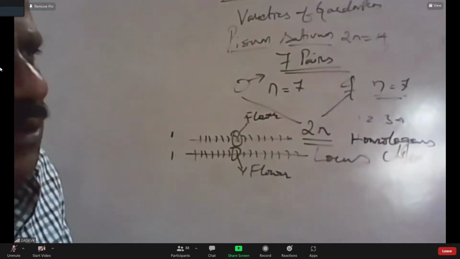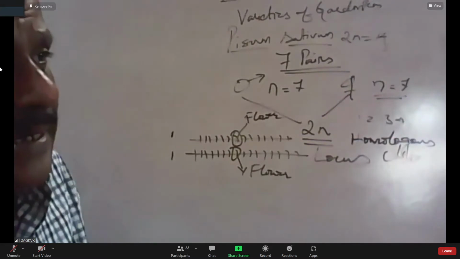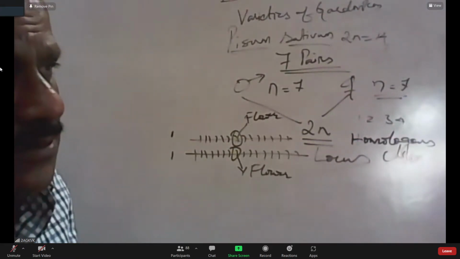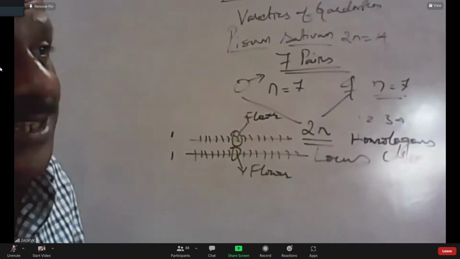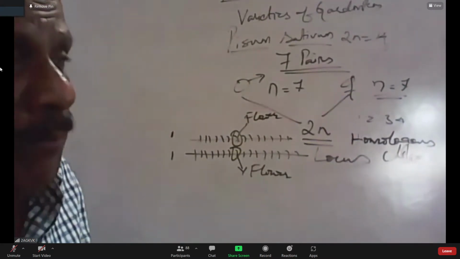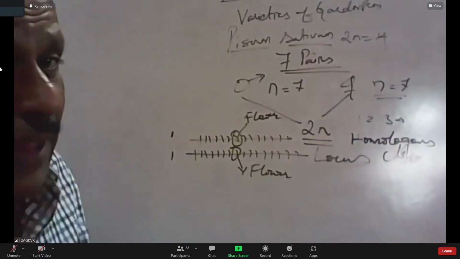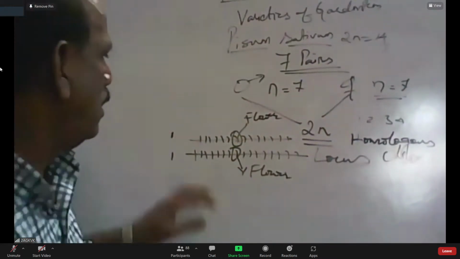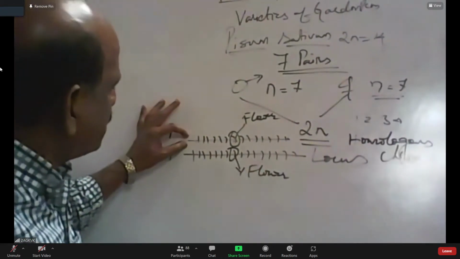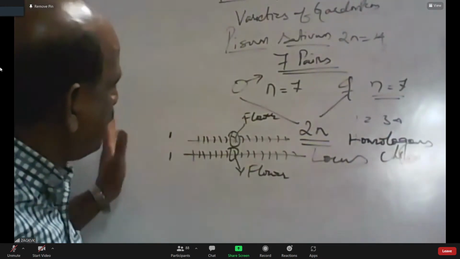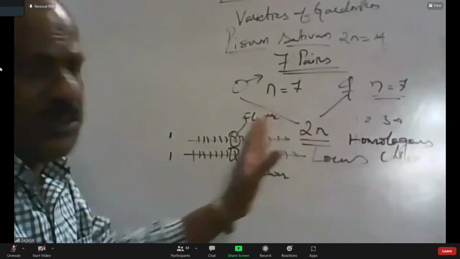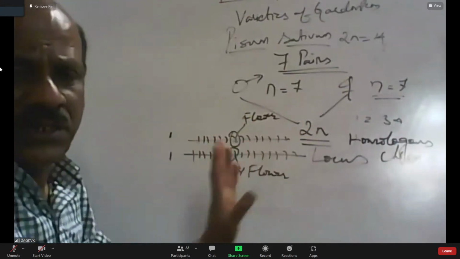When I say size, I mean the length of the chromosome. If there are 100 genes on this chromosome, its homolog will also have 100. And if the order is A, B, C, D, E, F, G, H, here also the order would be the same. Is it clear?